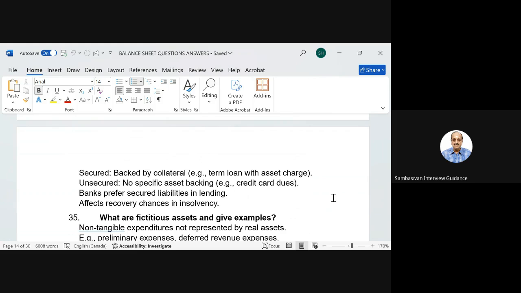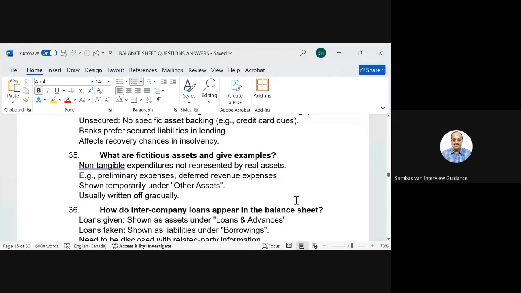For example, in a car loan, the car is the primary security. Other assets they have given as charge, say an LIC policy or fixed deposits, will be treated as additional collateral securities. Could you follow? Okay, please continue.